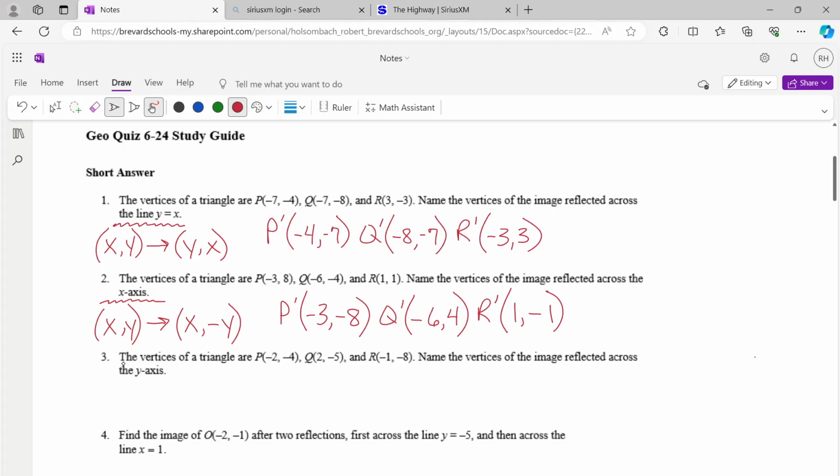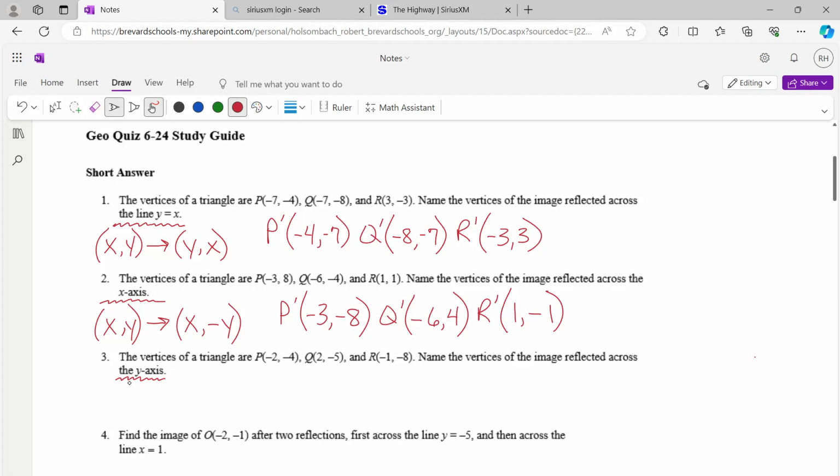In problem number 3, the vertices of triangle PQR are. Name the vertices of the image reflected across the y-axis. Well, that's got a shortcut as well.